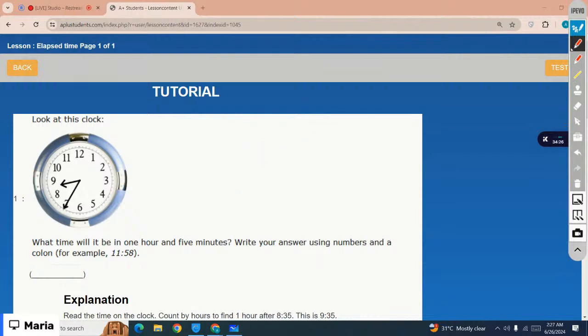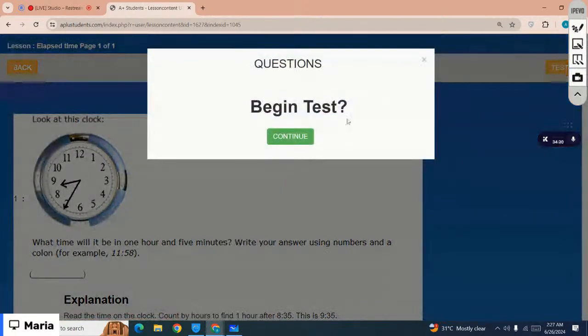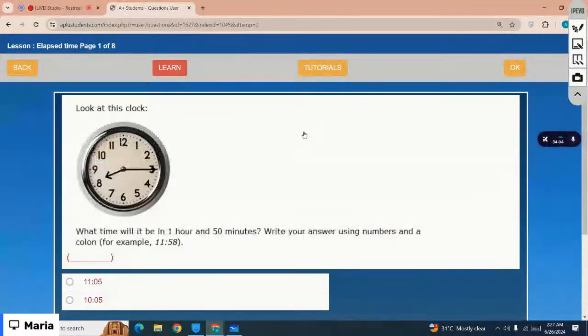Let's just start with the test questions. Look at this clock. What time will it be in 1 hour and 50 minutes? Write your answer using numbers and a colon.